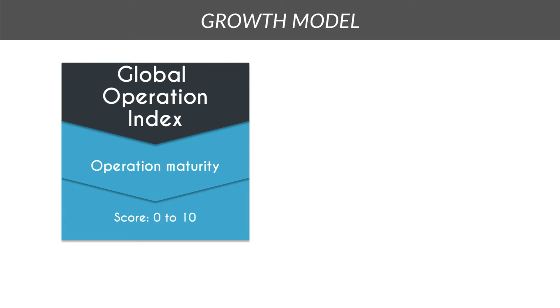Sorry about my English right now, I don't know these terms, but let's go. Every entity will receive a score from 0 to 10, 10 being the best operation in AIESEC in Brazil, and 0 the worst one, probably if they don't do anything.